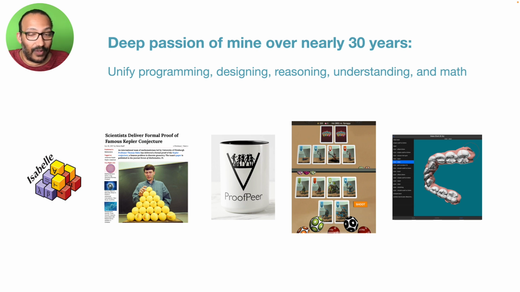So I've worked on various projects. After my diploma in mathematics, I joined the Isabelle development team for my PhD, and there I worked on a formal proof of the Kepler conjecture, and that project was called the Flyspeck project.